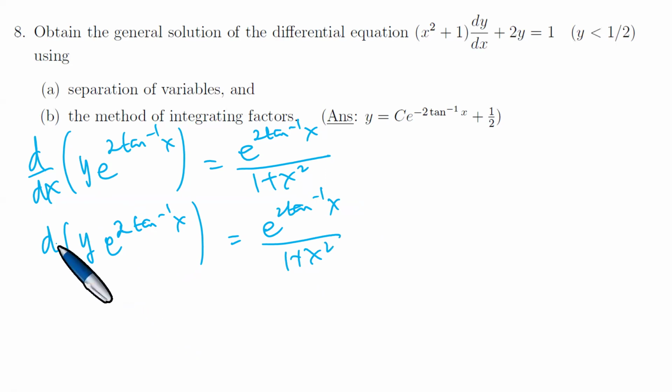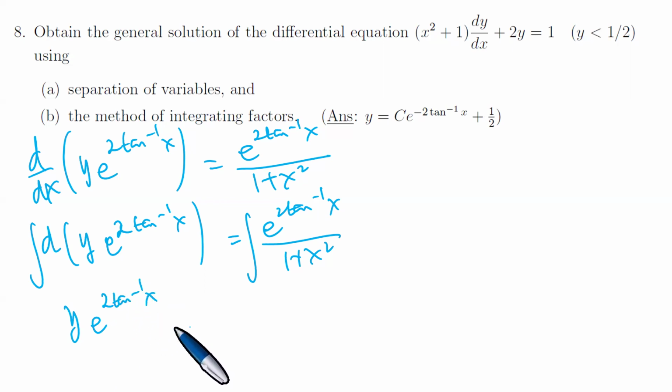And now you take the integral on the left and on the right. Yeah, this is y e to the 2 arctan x. And what is the integral of these?